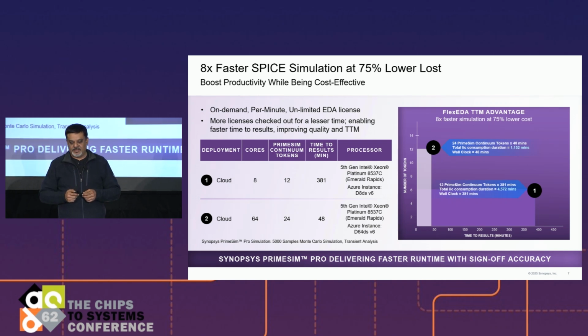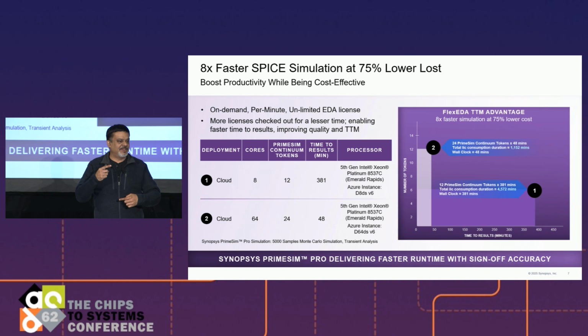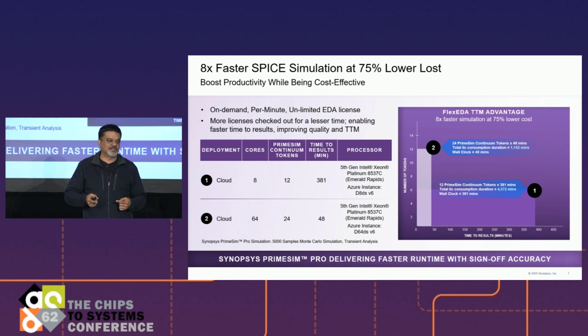And customers and engineers have figured this out. They have figured out how to leverage this to continuously drive faster and faster results. In some cases, if you have more time to tape out, they use it to run more VCS RTL runs and find more bugs.